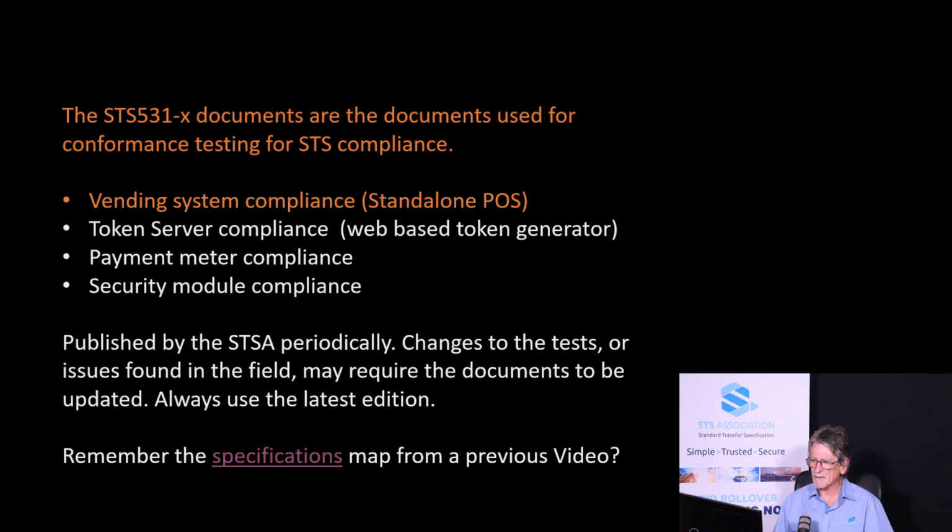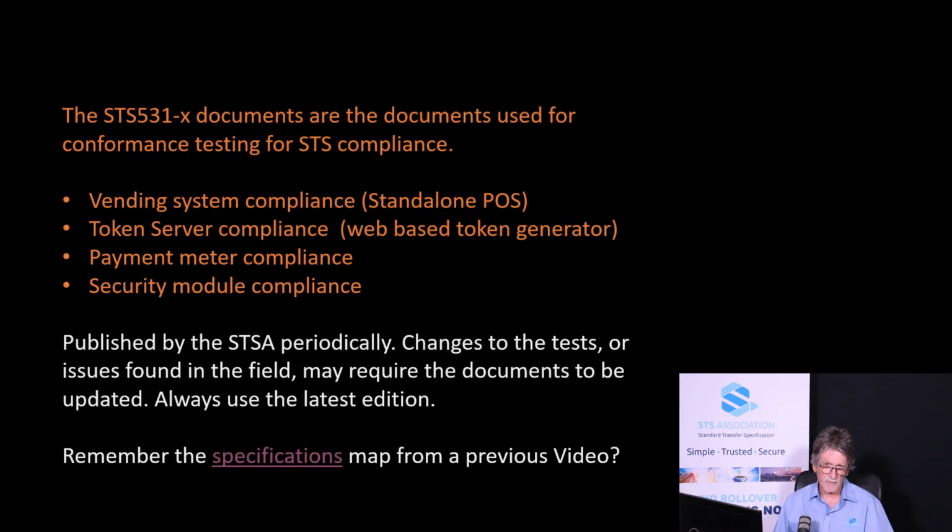Vending system compliance, in other words, a standalone point of sale. Token server compliance, this is usually a web-based token generator with a security module attached to it, and you can access it via thin clients sitting elsewhere. Payment meter compliance, that's a standard prepayment meter, and security module compliance.